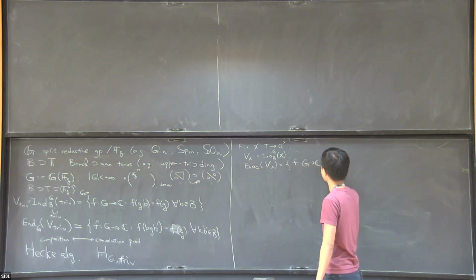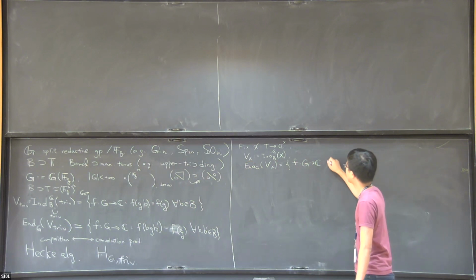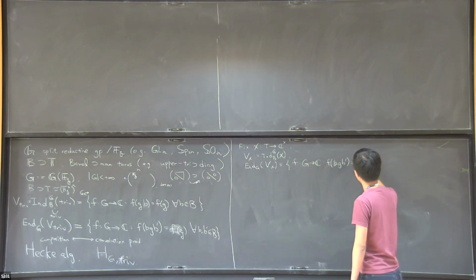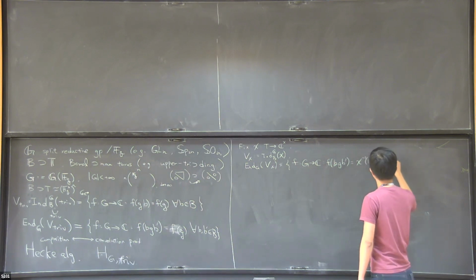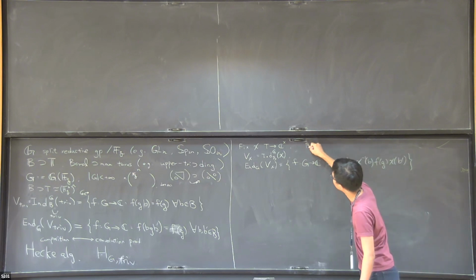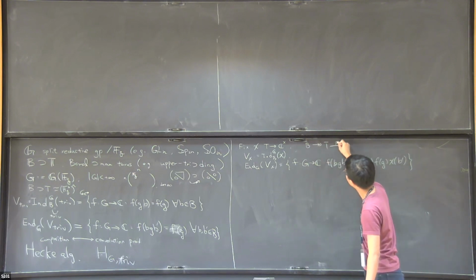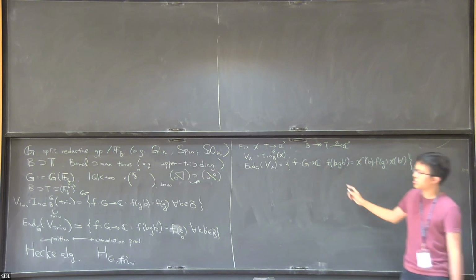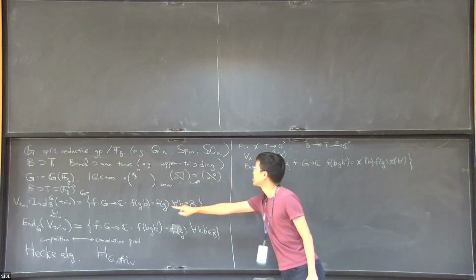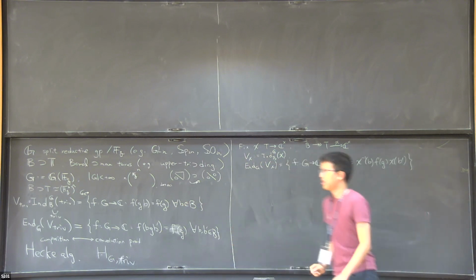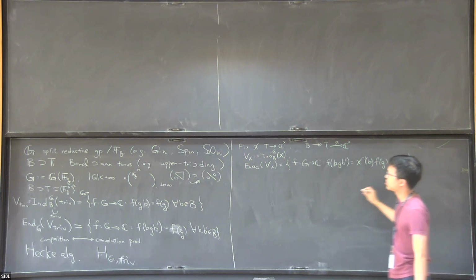Again, it is still the complex valued functions on G. This time, when you left and right multiply by an element, the function changes accordingly to the characters on B, where B maps to T. If you notice, when I plug in chi to be the trivial one, that means everything maps to 1, then these two terms will vanish. So we will recover this Hecke algebra. And this is the so-called monodromic Hecke algebra.